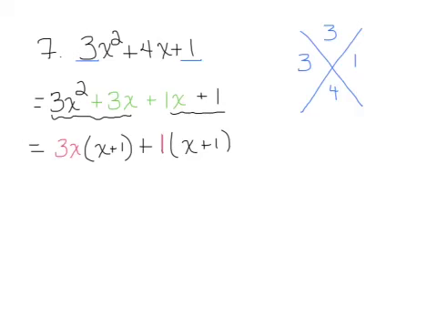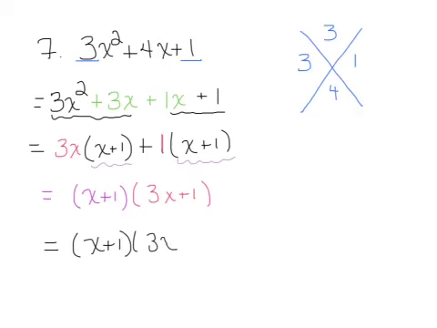Now that the parentheses are what the two terms have in common, I can pull those out to the front, and I'm left with x plus 1 times 3x plus 1. And I can check that by multiplying it out to make sure that I factored it correctly.